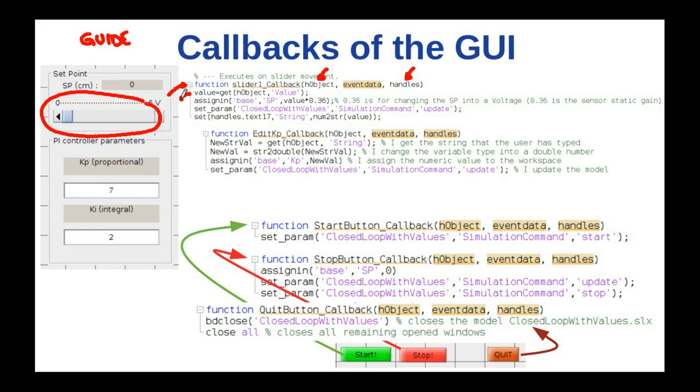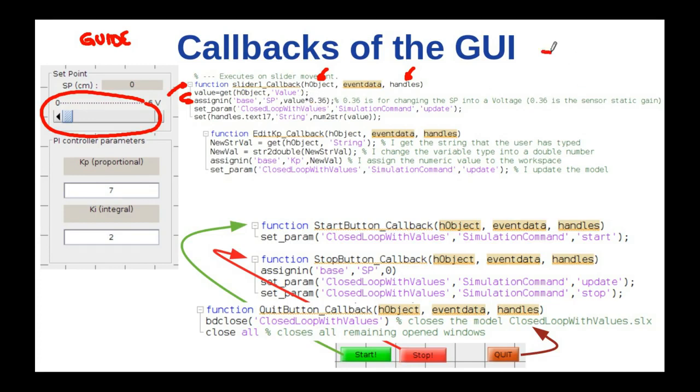Then this value can be assigned to the base workspace, to a variable sp that will have the value multiplied by 0.36, because the value will be in centimeters, but we want to get this value in volts.